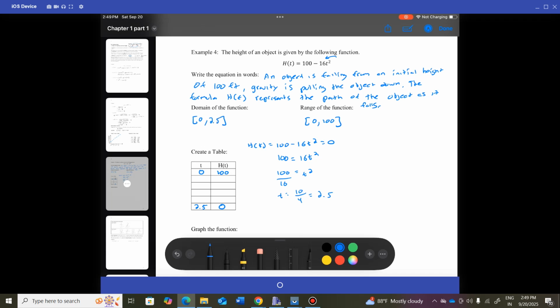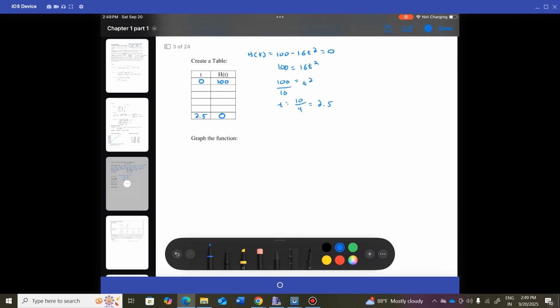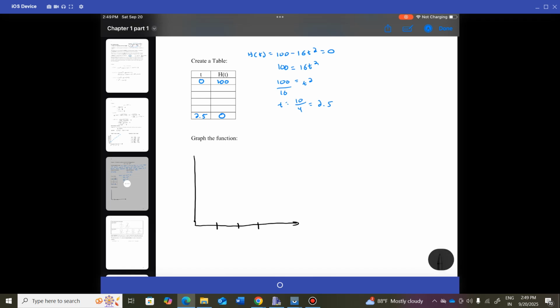So that's your domain. And then we look at the graph of this. So spread this out so we can see it better. 1, 2, 3. That's your time, and then 10, 20, 30, 40, 50, 60, 70, 80, 90, 100.